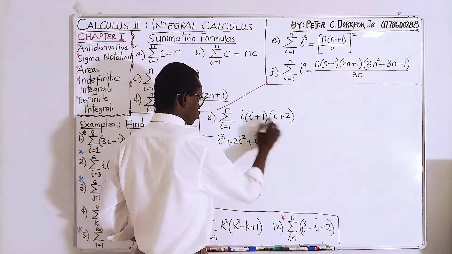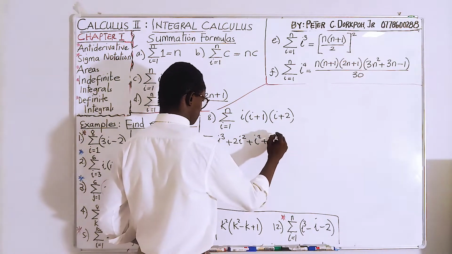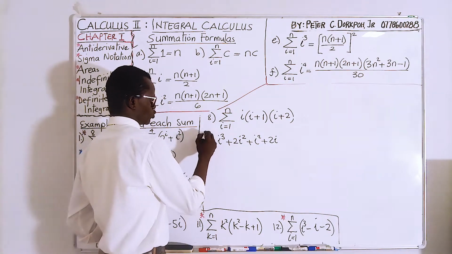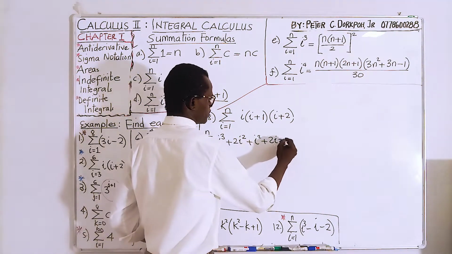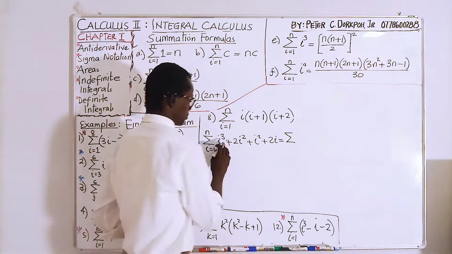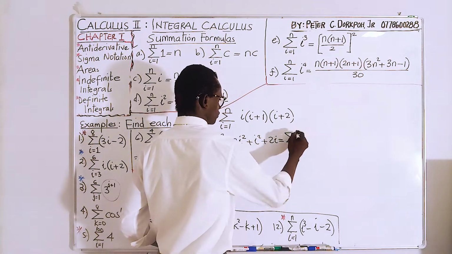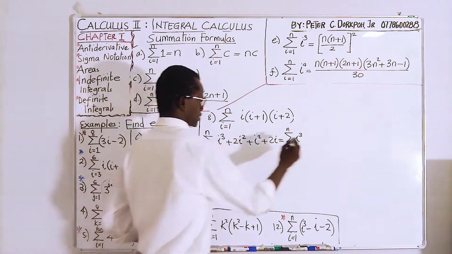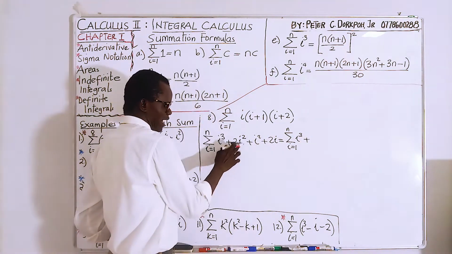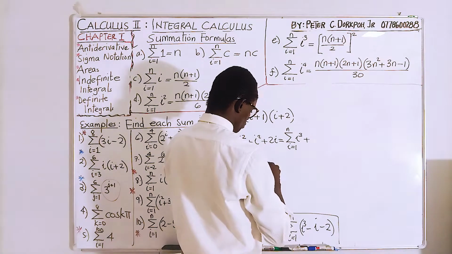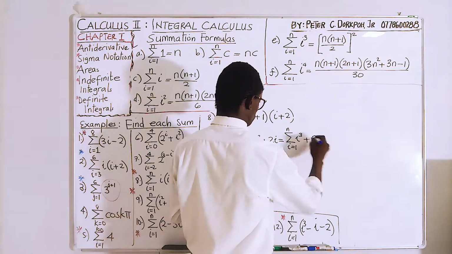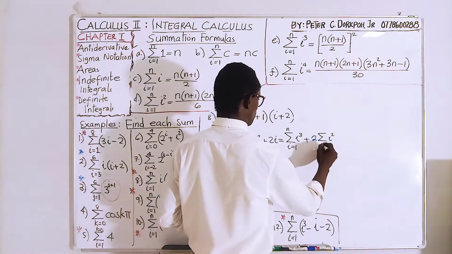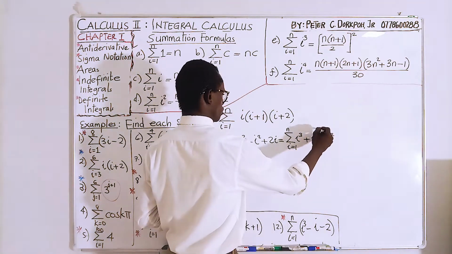And 1 times 2 is 2, times this is 2r. r is from 1 to n. So we can take the summation of each term. So the summation of r cubed as r is from 1 to n, plus the summation of 2r squared. So we can factor out the 2 and write the summation of r squared as r is from 1 to n.